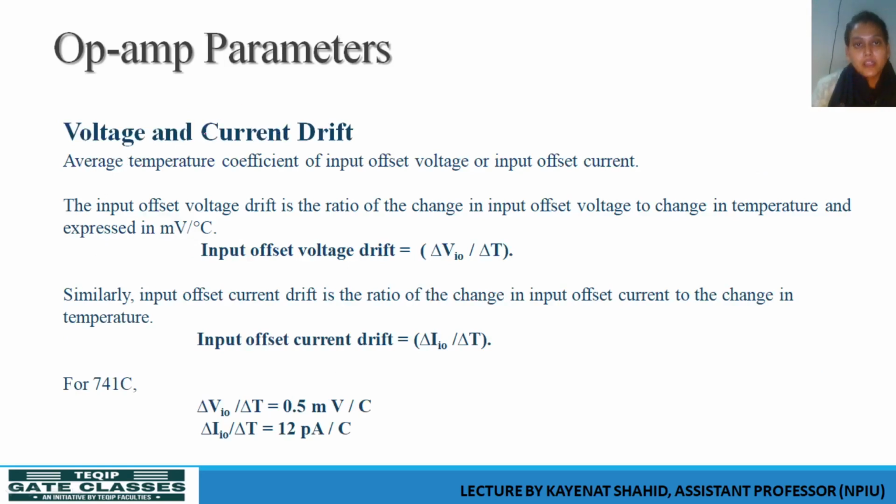Again, another parameter is drift. Drift is a certain kind of change that happens due to temperature effect. Ideally we say the op-amp does not depend on temperature, but an op-amp is nothing but a direct coupled amplifier.